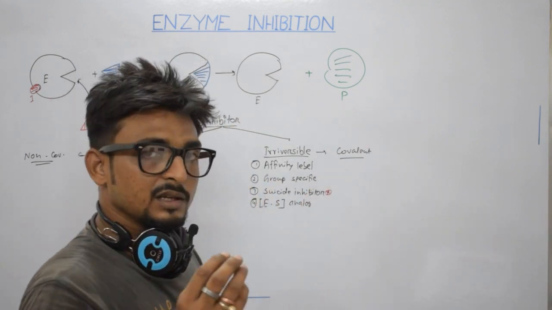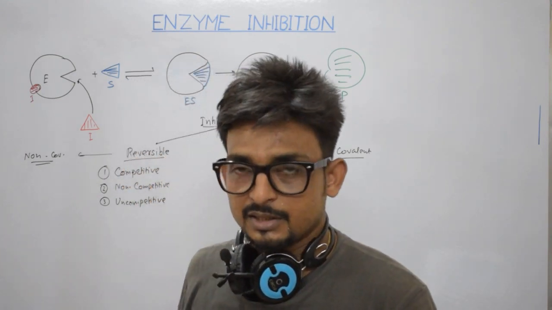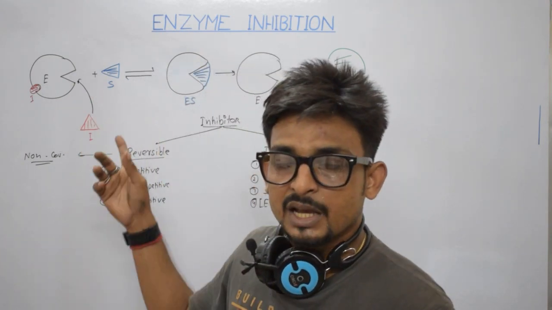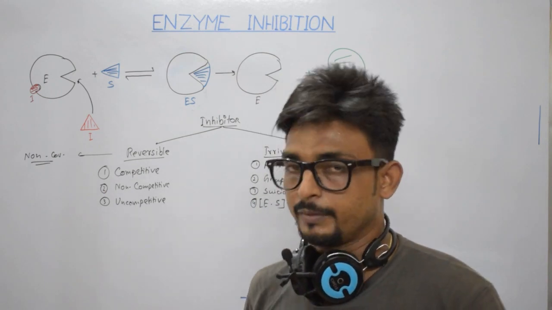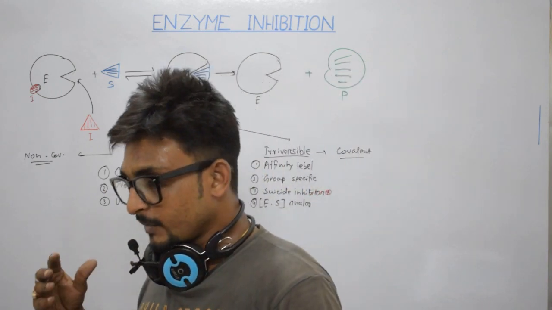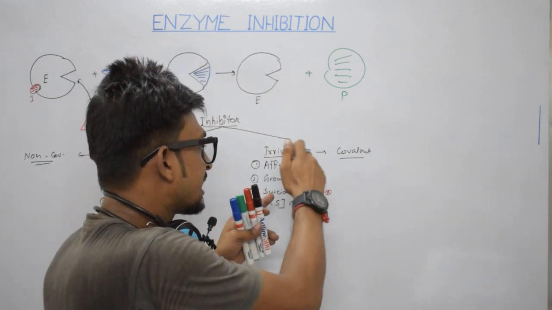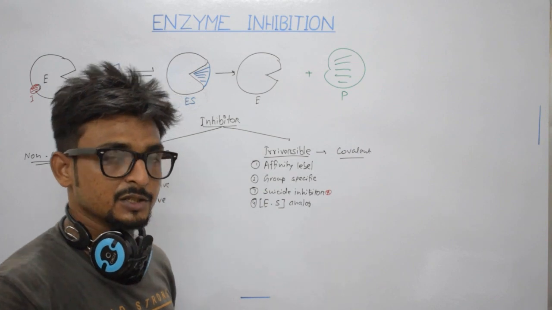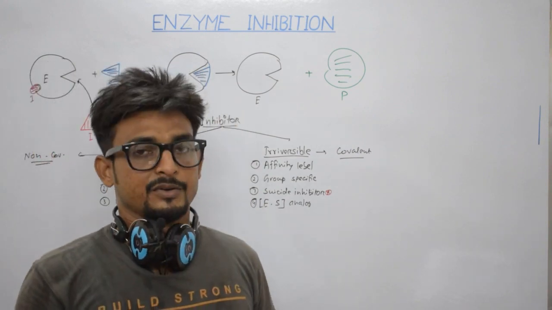Affinity means the active site contains different types of amino acids, as it is a protein in nature, and this active site will contain different amino acid sequences. And the inhibitor, in this case, binds at a particular amino acid.